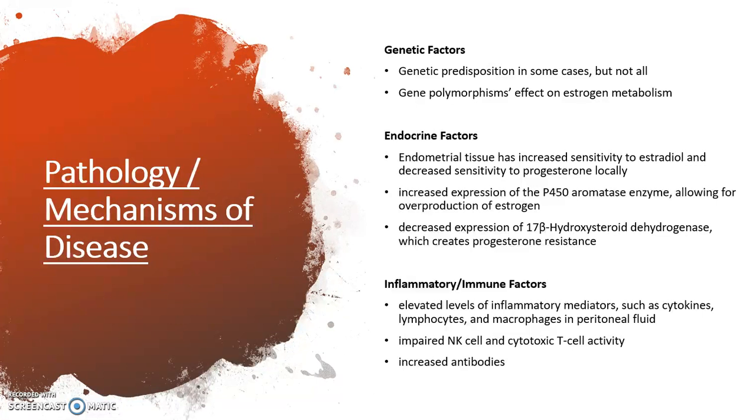So for these reasons, following the retrograde menstruation, endometrial tissue is actually able to evade immune clearance of the menstrual debris from the peritoneum, allowing the ectopic endometrial cells to implant and grow. These cells will induce inflammation and recruit macrophages and leukocytes, and thereby promote the development of endometriosis.